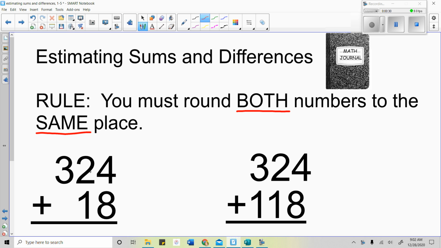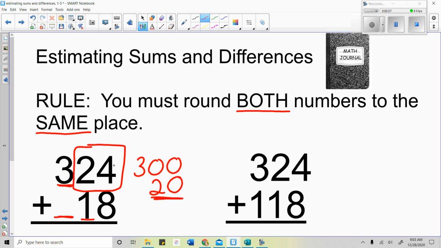Now looking at this first problem here, I have 324 plus 18. Now a lot of you might think, oh, I'm going to round 324 to the hundreds place. Well, 18 does not have a hundreds place. So if I rounded that to 300 and then rounded this other number to 20, it doesn't really make sense, because why is this 20 important, but I threw this 20 away?